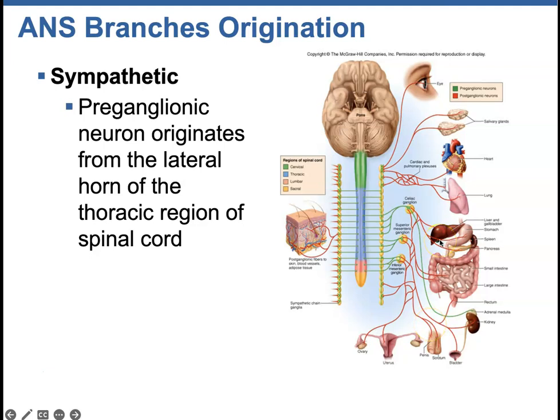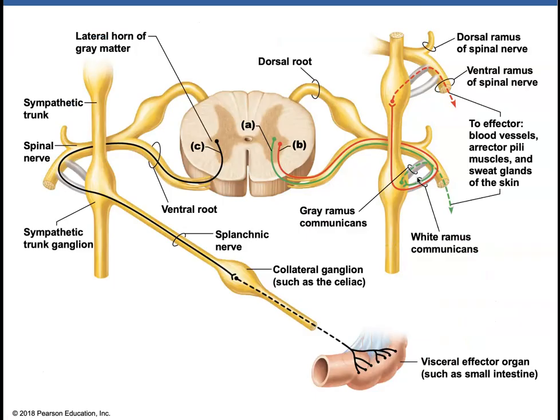But for now, what I want you to understand is that the sympathetic system kicks on functions that are all about fight or flight, so they're responding to some kind of stress. Here's your lateral horn. Remember, the preganglionic neuron comes out and synapses within a ganglion.